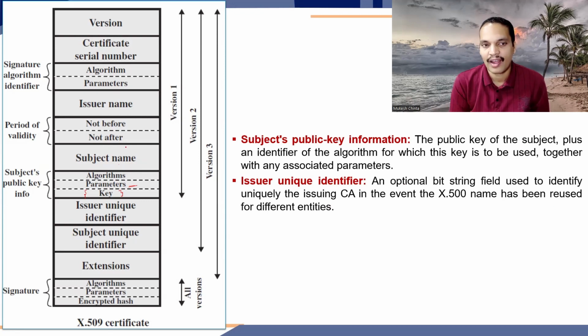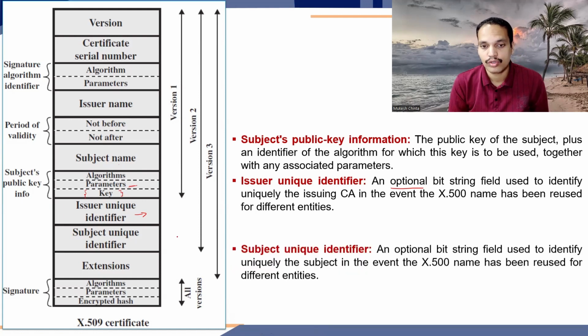If I have multiple certificate authorities that might have the same name, then this field is used. That is the reason we say it is an optional one. This field is used to uniquely identify the name of the certifying authority from which this certificate is issued.